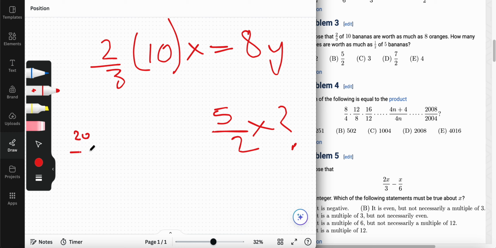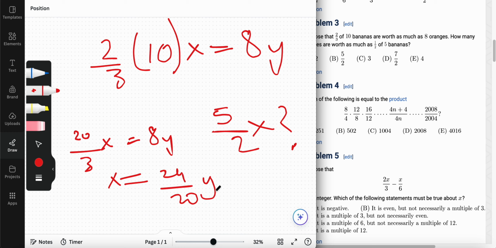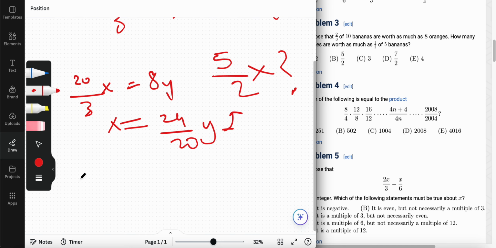This is 20/3 X is equal to 8Y. And I can solve for X over here to substitute in. So I can multiply both sides by 3 over 20. X is equal to 24 over 20Y. I can substitute that over here. So that is 5 halves times 24 over 20Y.